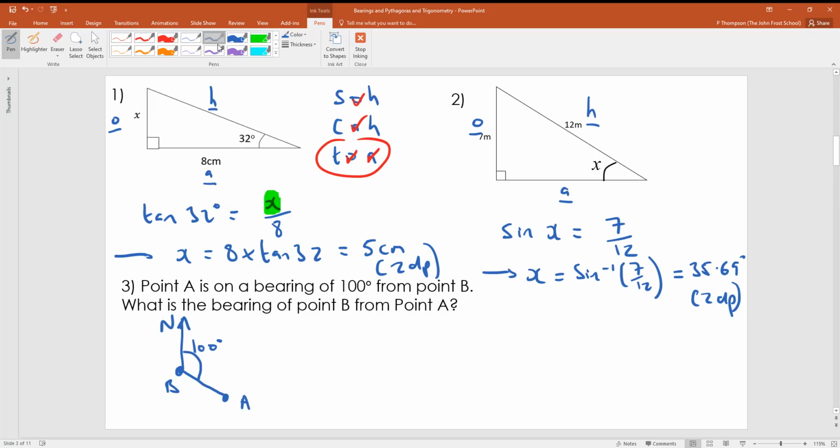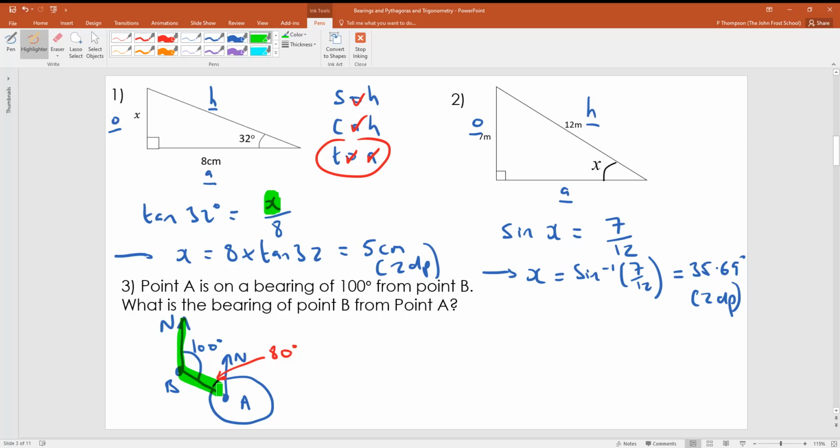What's the bearing of B from A? That means north line at A, and I've got to work out this clockwise angle here. There's two ways to do it, but the quickest way is to realize that this red angle must be 80 degrees, because they're called allied angles.